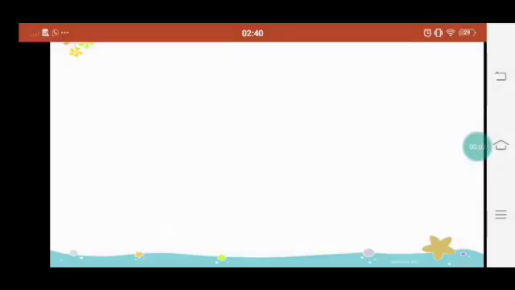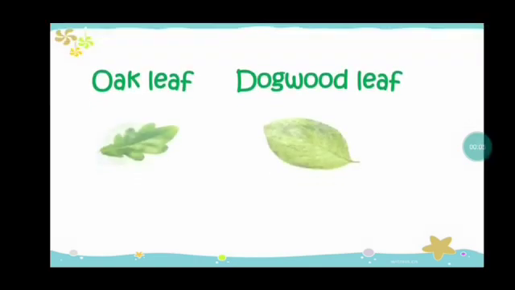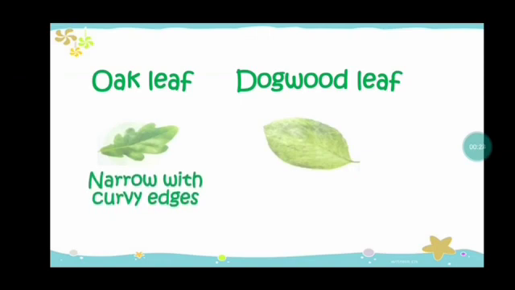Now look at the example. There is an oak leaf and there is a dogwood leaf. The oak tree is taller than the dogwood. The dogwood tree is shorter. So you can see the shape of the leaf. The oak leaf is narrow and has a curvy edge, because the tree is taller.